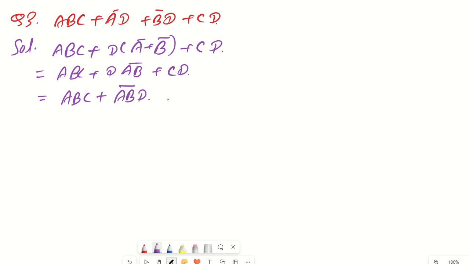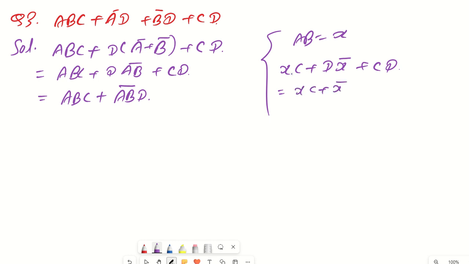Okay, it just looks like this: XC plus, let's say I am going to consider AB is equal to X, then AB will be replaced by X, so it is going to be XC plus DX bar plus CD. So it is nothing but XC plus X bar D plus CD, right? So this CD can be considered as a redundant term, so it can be XC plus X bar D, and X is replaced by AB.